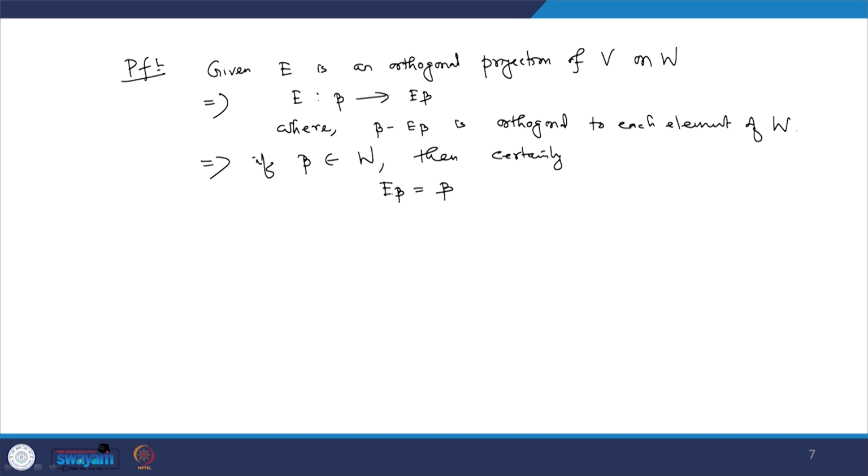So that the best approximation of beta on W will be itself basically.